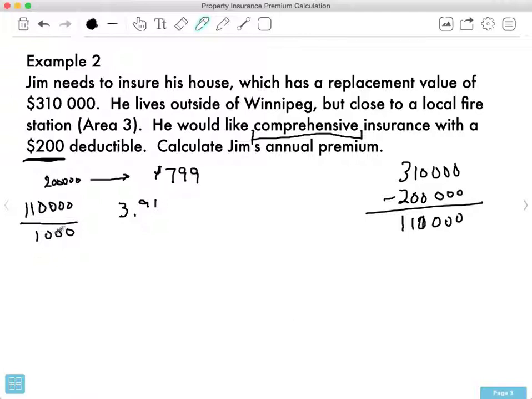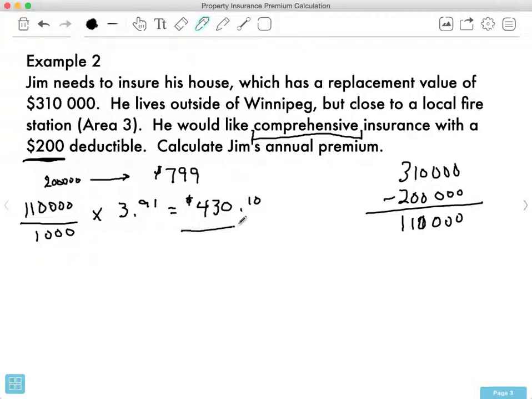That will tell me how many $1,000 blocks of insurance he needs to buy. And then we multiply that by the number off the table. So when we do that, it's going to end up being 110 times $3.91. He needs to pay $430.10 for that extra insurance over $200,000.